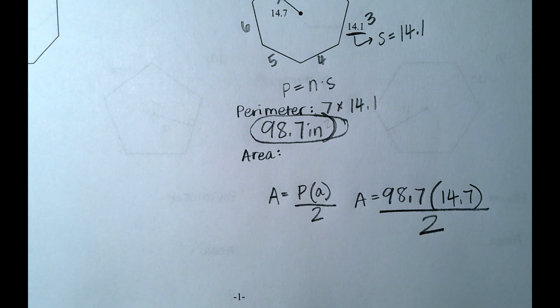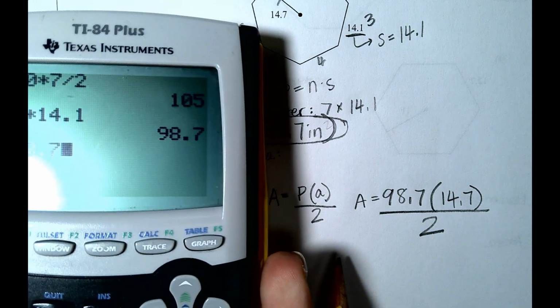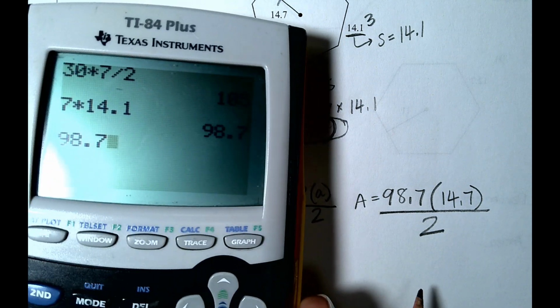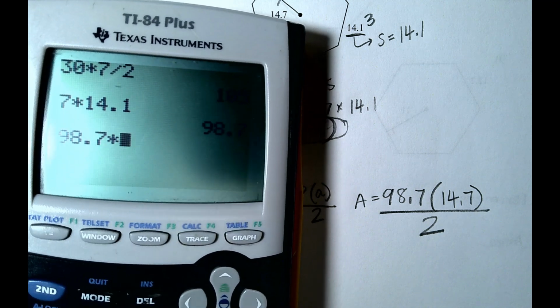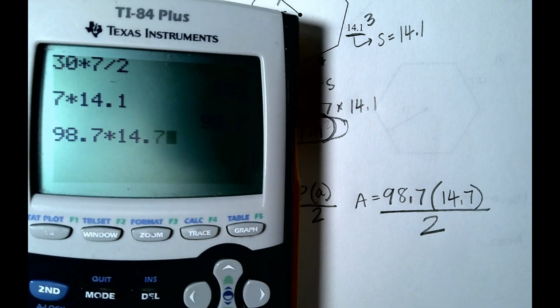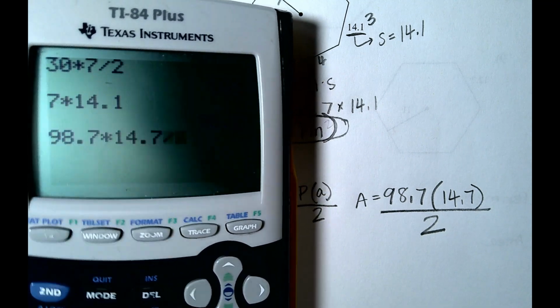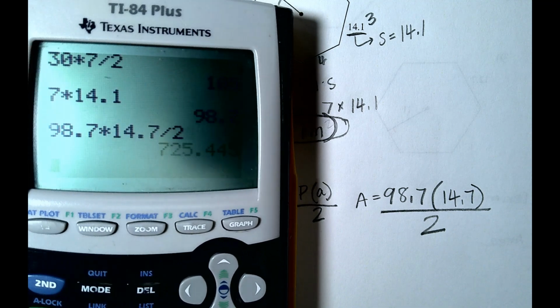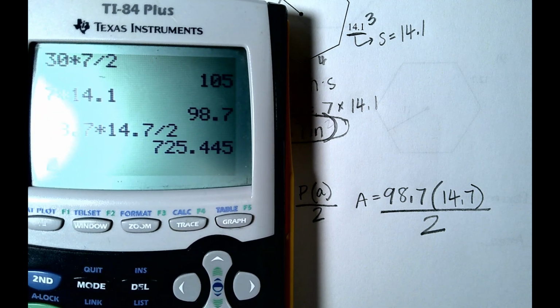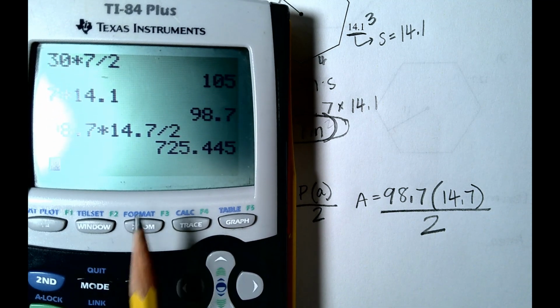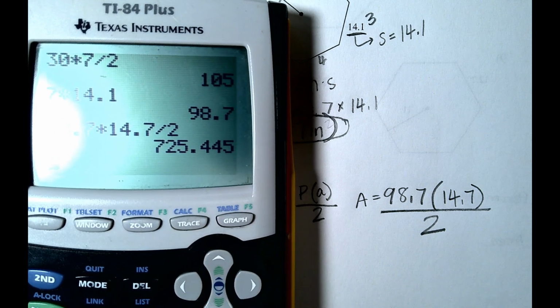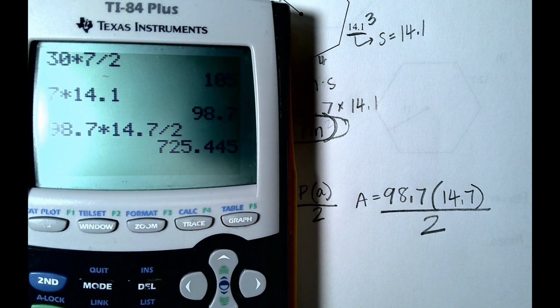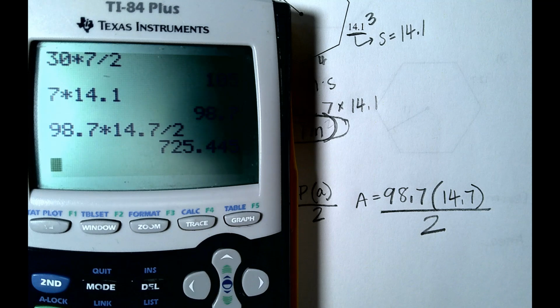So I'm just going to type that in all at once. 98.7 times 14.7 divided by 2. And I got 725.445. Did everybody get that same number, or did anybody get something different?